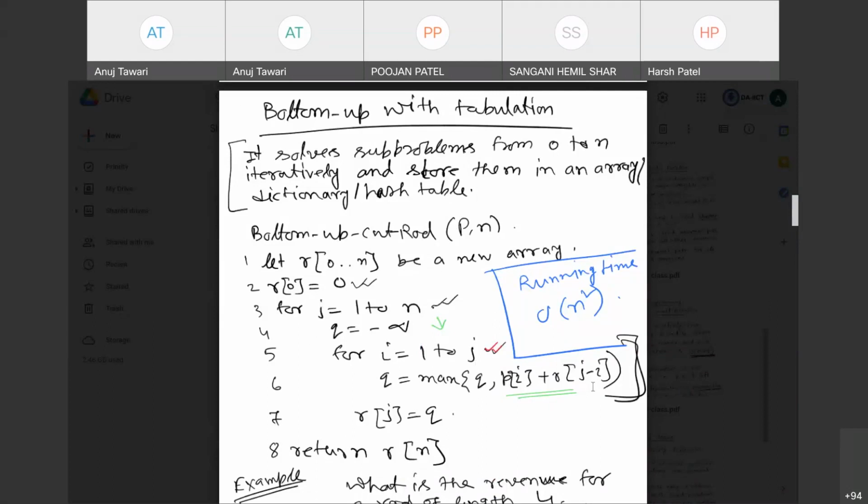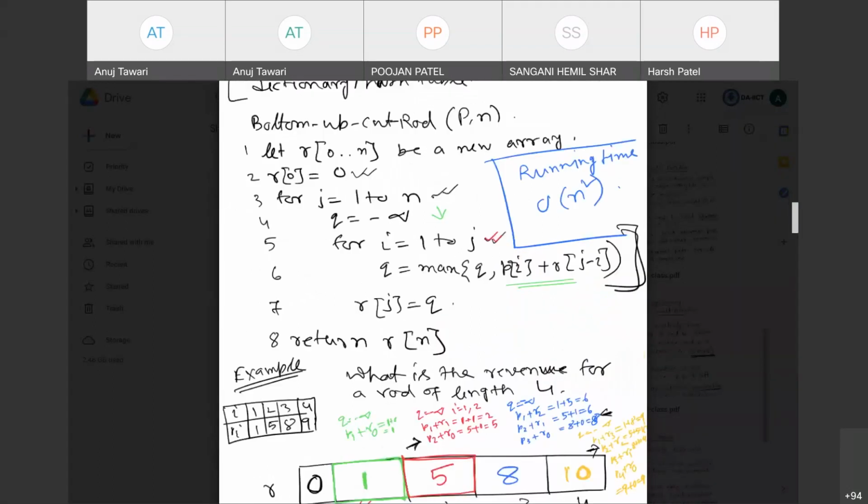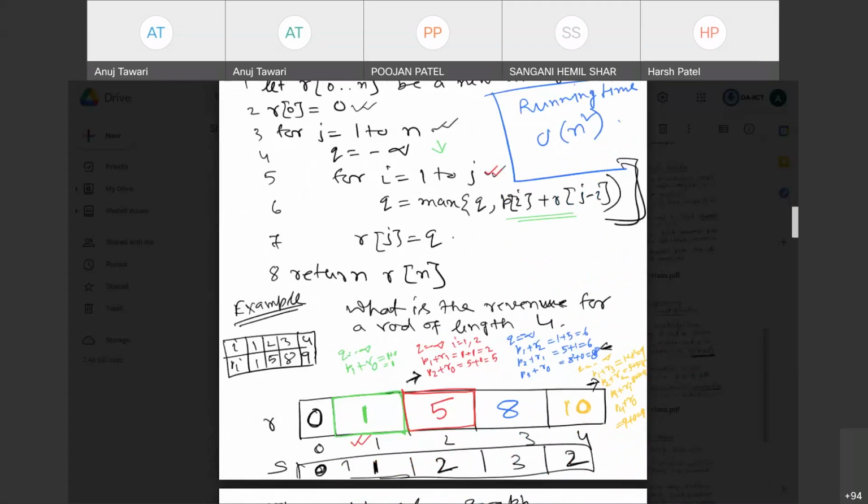Then we can use it. The rest of the values we don't need at the moment. So that's how it improves upon the space criteria. So here is one example for i equal to 1, 2, 3, 4. These are the various prices.